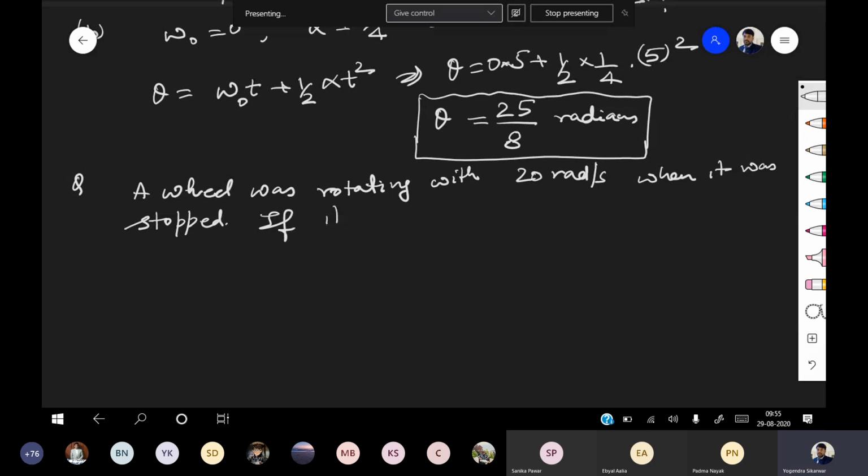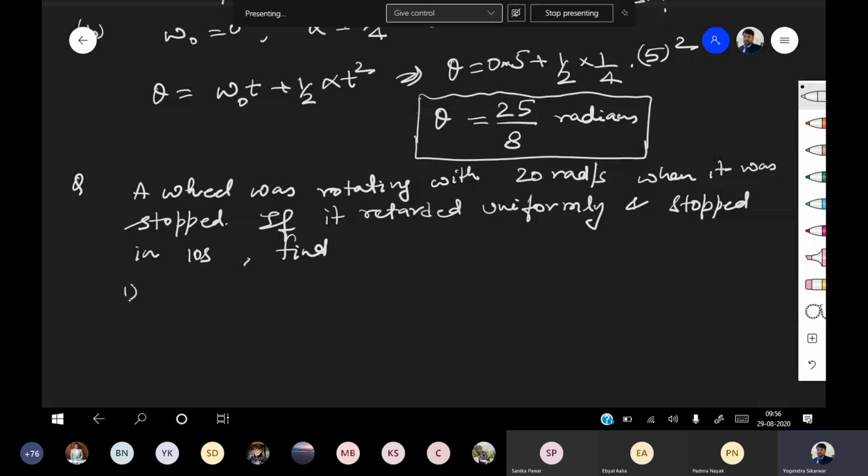If it retarded uniformly and stopped in 10 seconds, find number 1 alpha, number 2 theta before stopping. Okay, solve this quickly. It's an easy question.